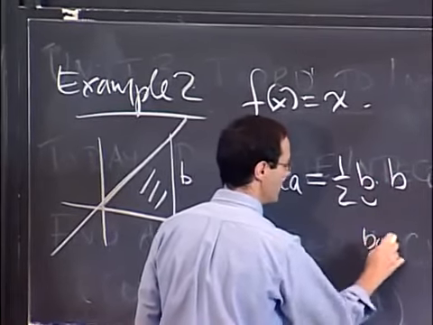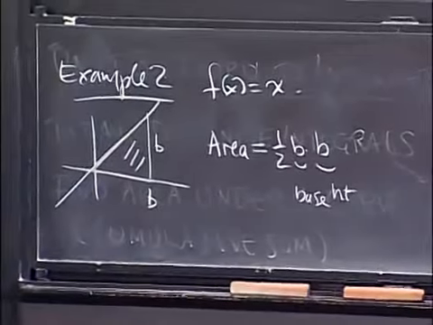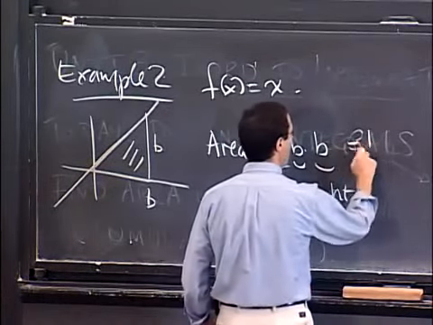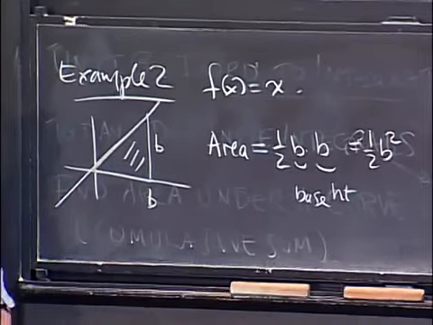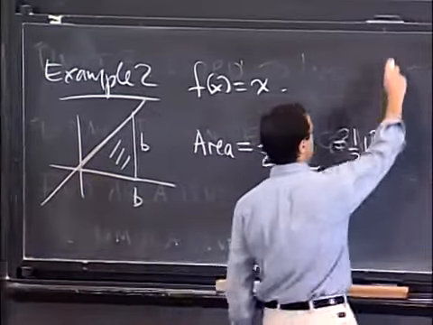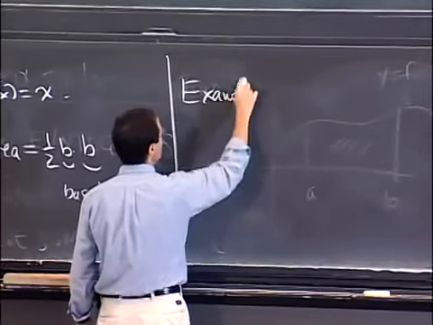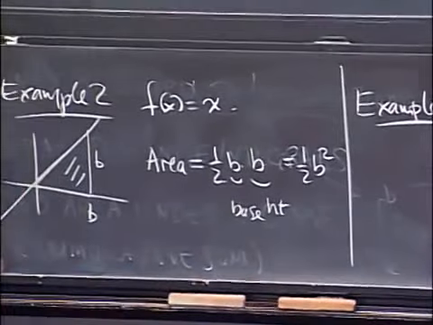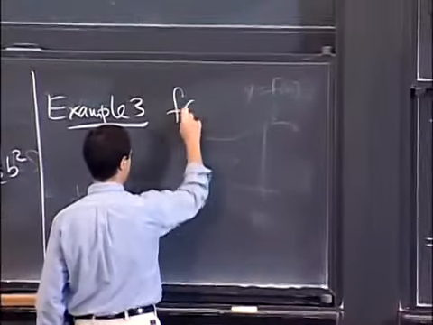So this is the base, and this is the height. We also know how to find the area of triangles. And so the formula is 1/2 b squared. And notice, by the way, I didn't have to do this elaborate summing to do that because we happen to know this area. The third example is going to be even easier.